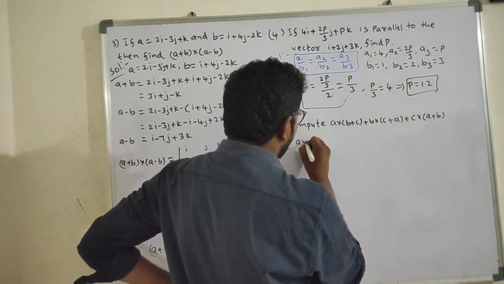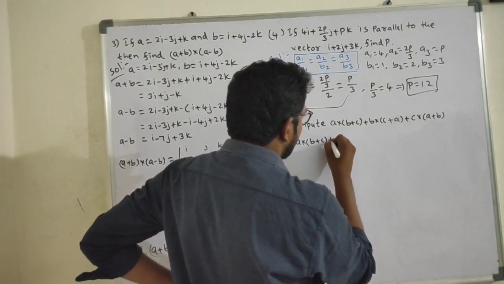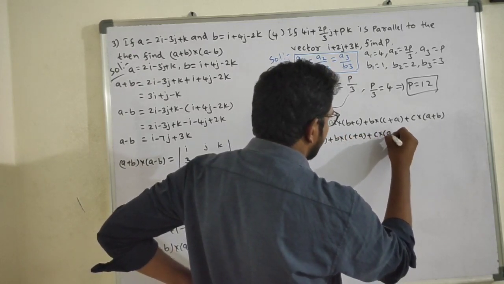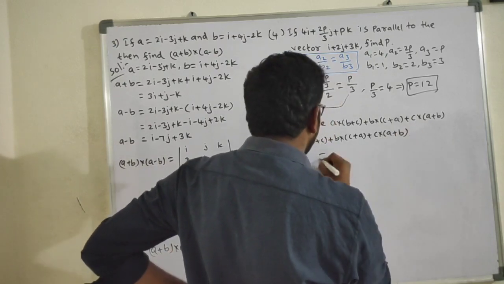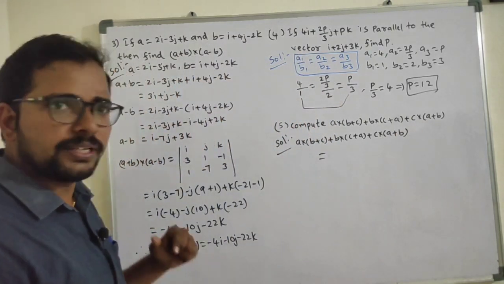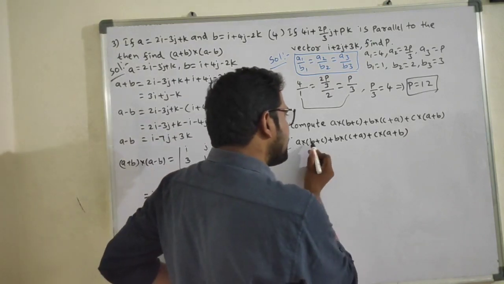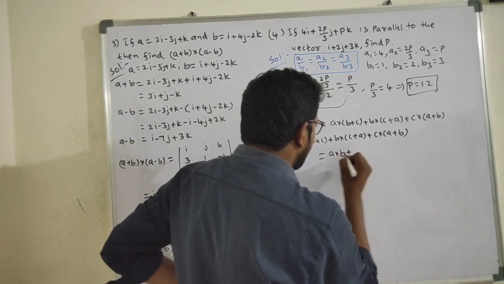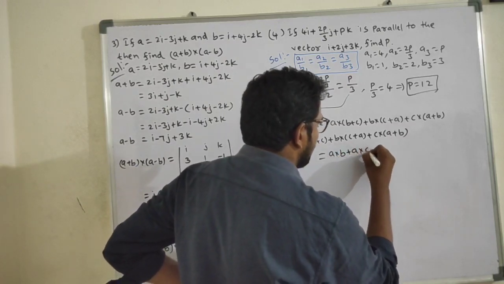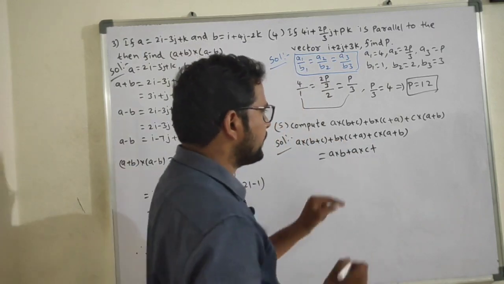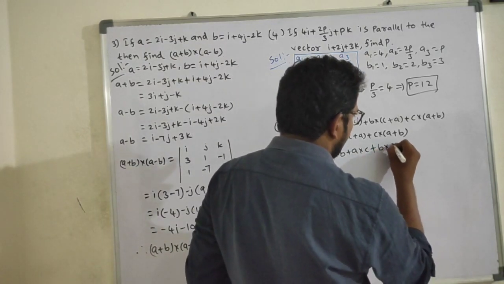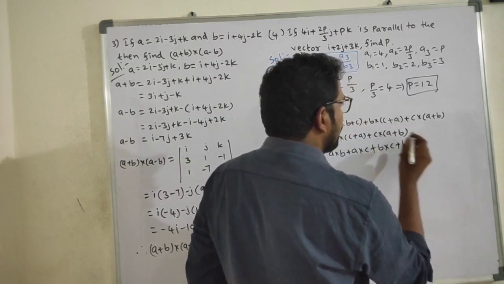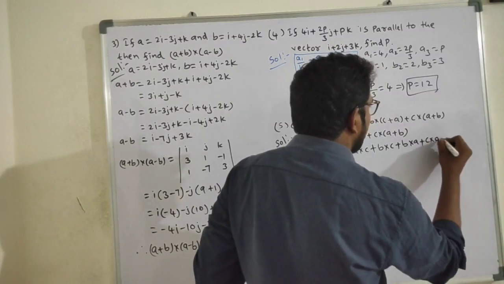By using the distributive law, which we already know, A cross (B plus C) can be written as A cross B plus A cross C, plus similarly B cross C plus B cross A, plus C cross A plus C cross B.